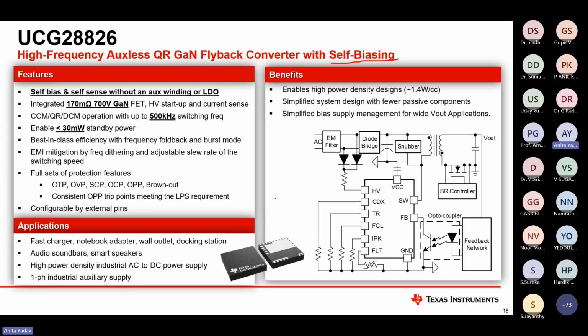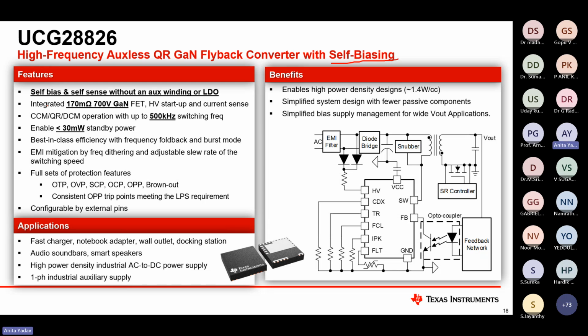If we have just a controller, where only the control law is integrated and at the end we get the PWM signals, that's called a controller. But if the FET is integrated within the die itself, that's called a converter. So the UCG28826 is a converter, not a controller. It has a 700 volt, 170 milliohm RDS(on) FET integrated inside.